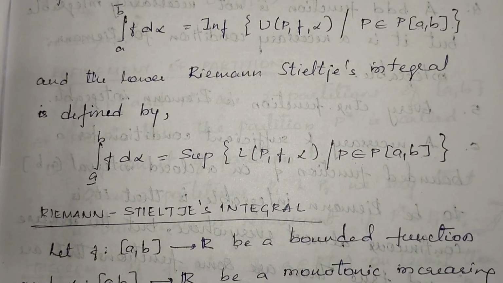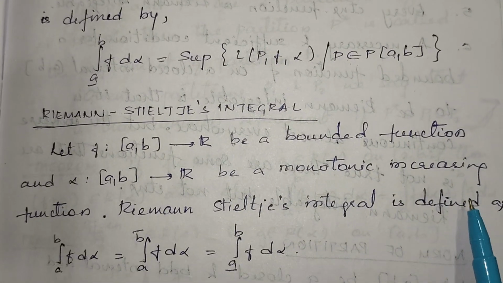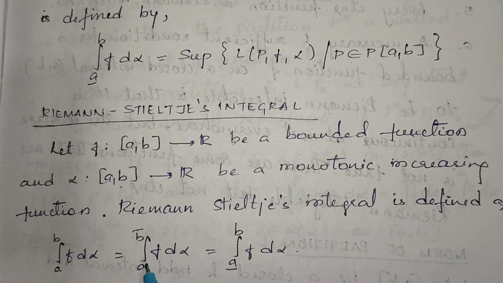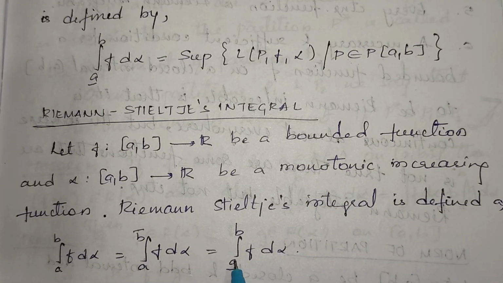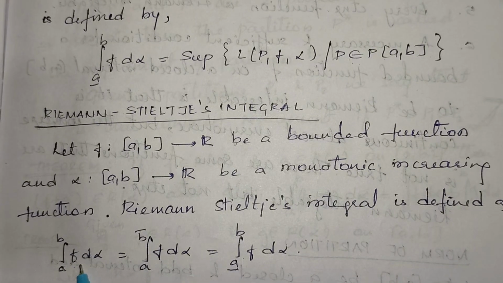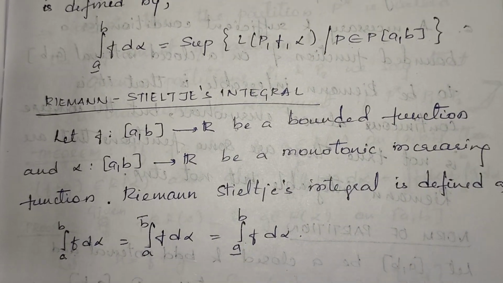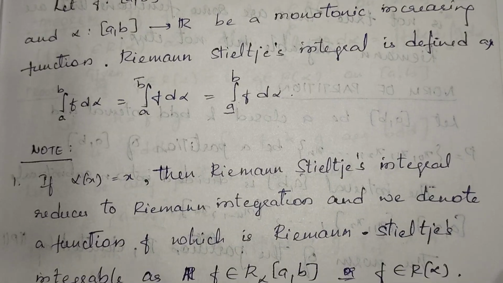And now moving on to the Riemann Stieltjes integral. If the upper Riemann Stieltjes integral is equal to the lower Riemann Stieltjes integral, then we say that f is Riemann integrable. And also you have a few points to note down.